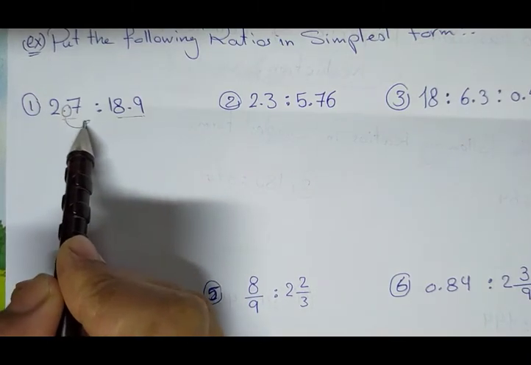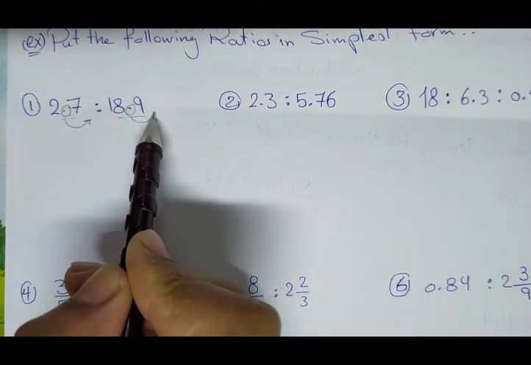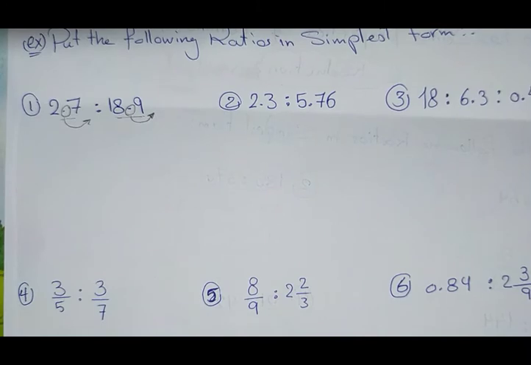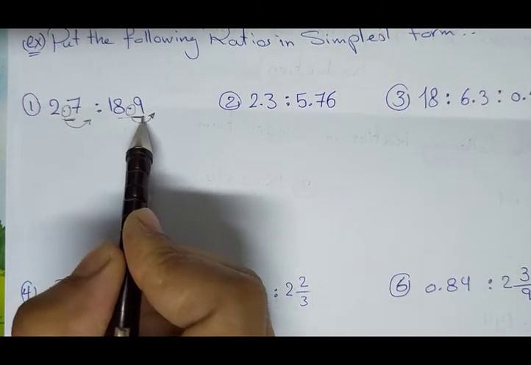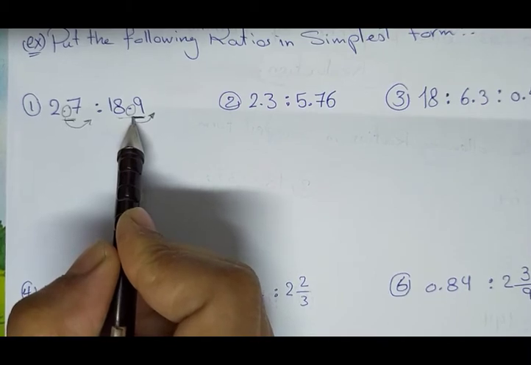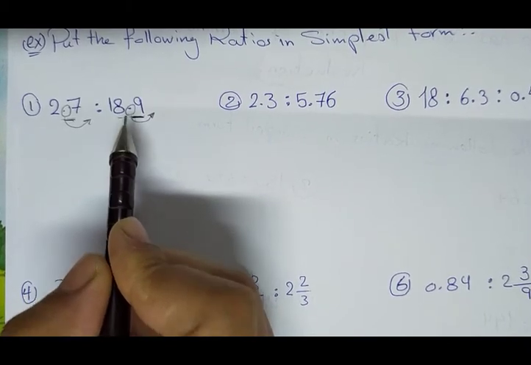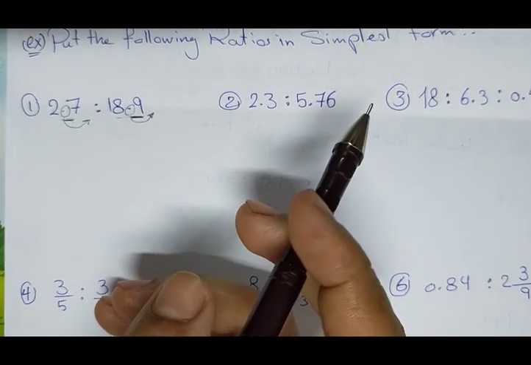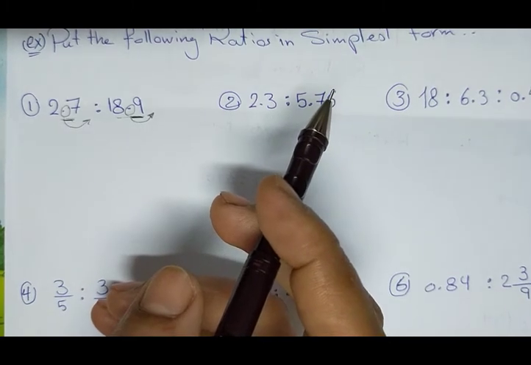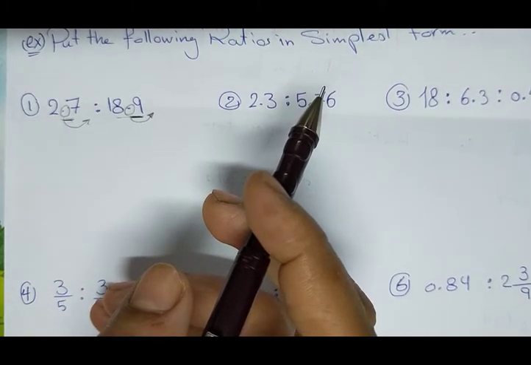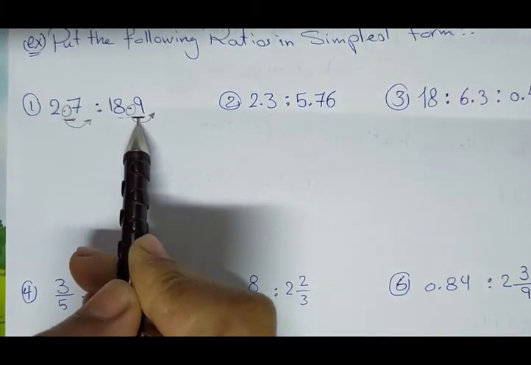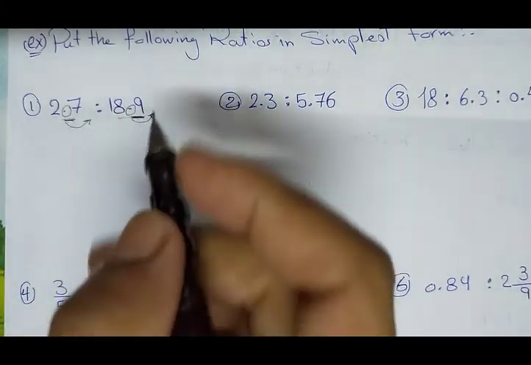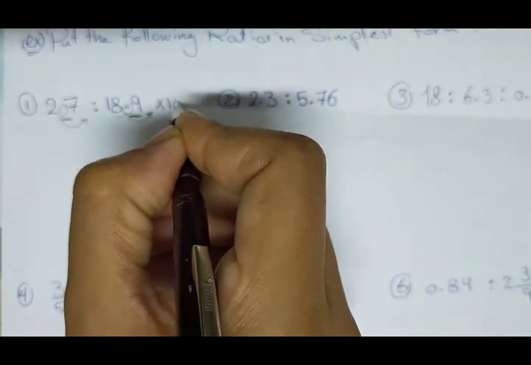By getting the point out, بإن أنا أخلي البوينت out. How do I do it? The point here is after one digit and the point here is after one digit. I studied in grade 5 to make the point out by multiplying by 10, 100, or 1000 according to the decimal places. Here it is after one decimal place, so I can multiply by 10.